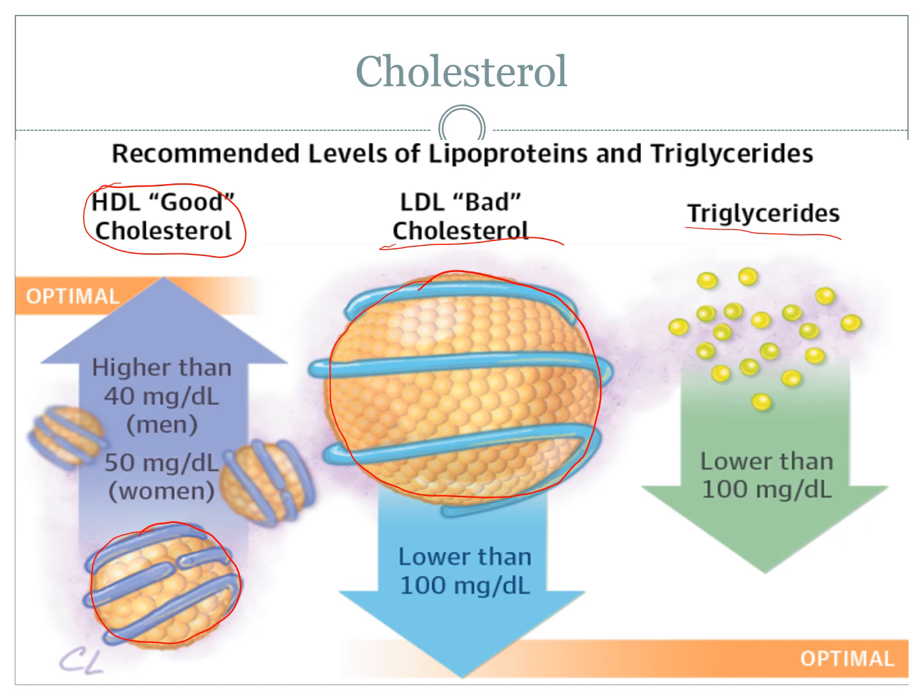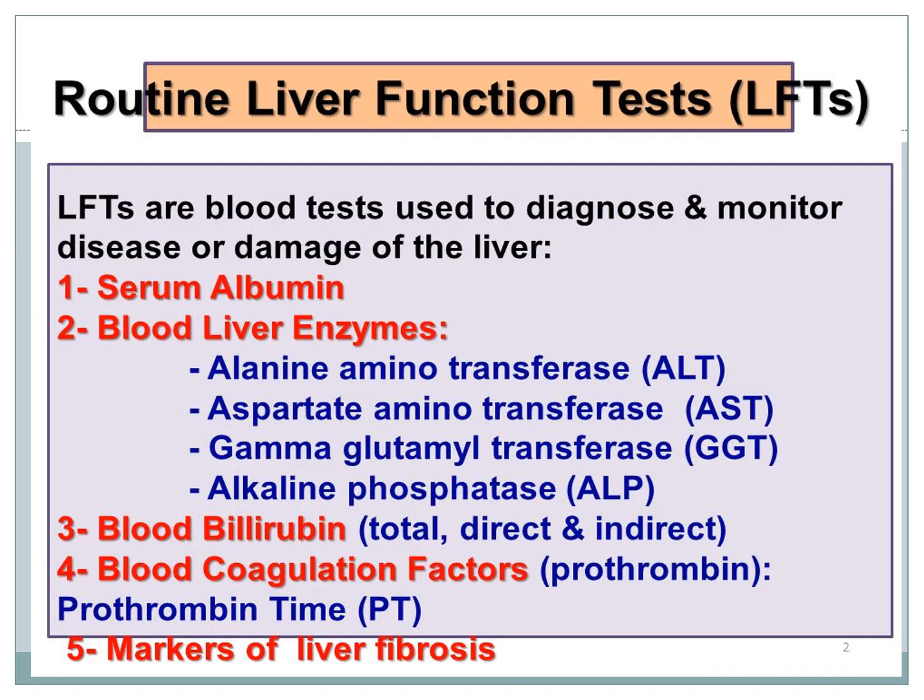Another very common test that is conducted is the test that looks at common proteins and enzymes that are produced by the liver or controlled by the liver. Okay, so looking at our liver function test, we have a series of blood liver enzymes and then a series of products that somewhat get processed by the liver, but mostly get excreted by the liver, and then the main protein that gets produced by the liver.